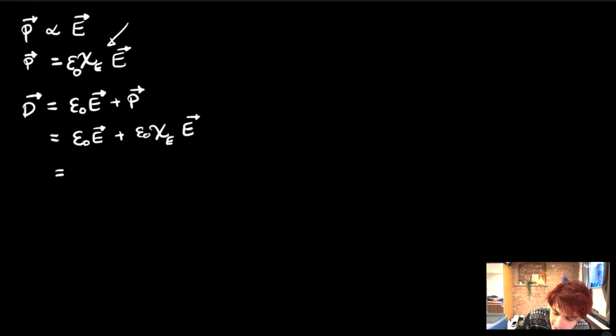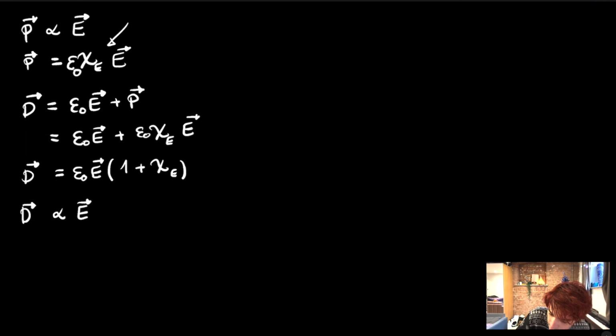But we have common terms. So we're going to get epsilon naught E multiplied by 1 plus the electric susceptibility. So we have that D is proportional to E, with the constant of proportionality being 1 plus the susceptibility multiplied by epsilon naught.